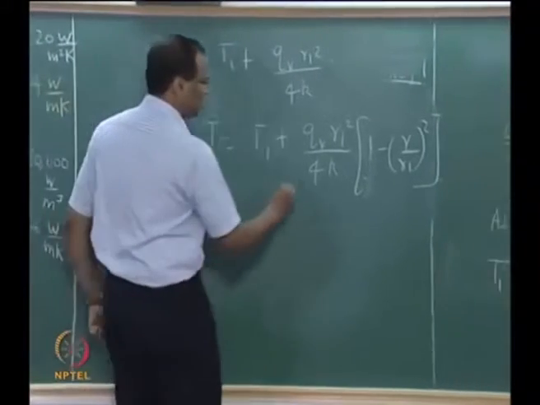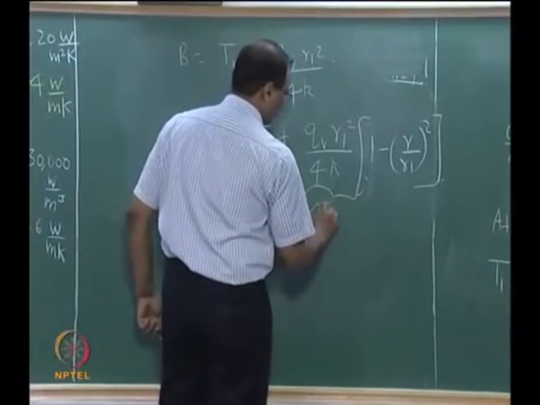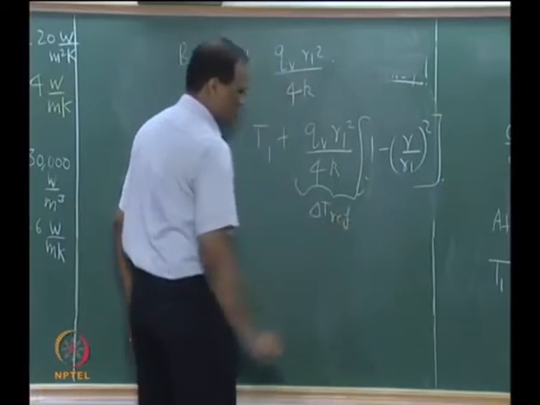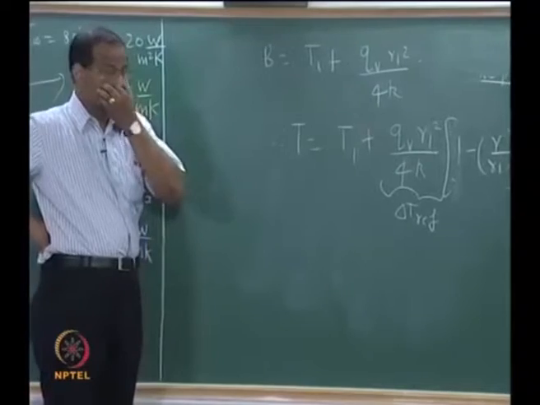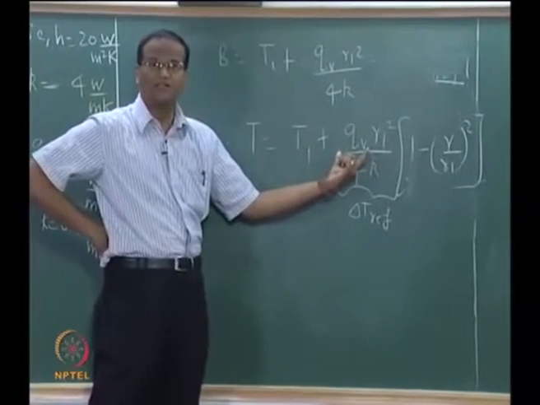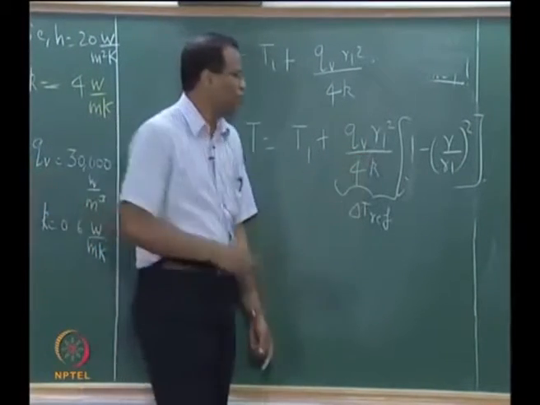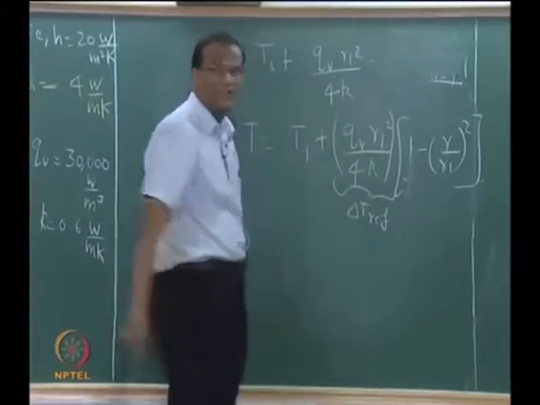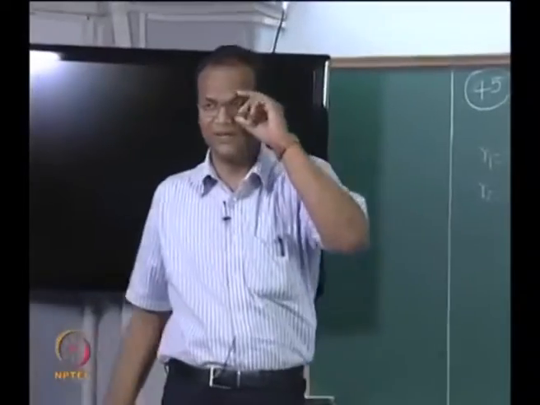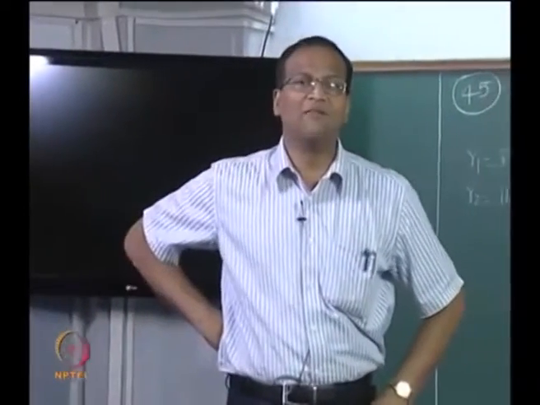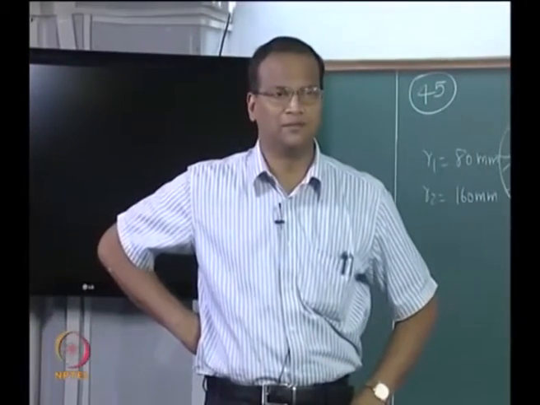I can call it an equivalent temperature difference, correct? Because this QV R squared by 4K will have the units of Kelvin. That is the temperature rise which is caused by the heat generation. We can also call it a dimensionless heat generation parameter.